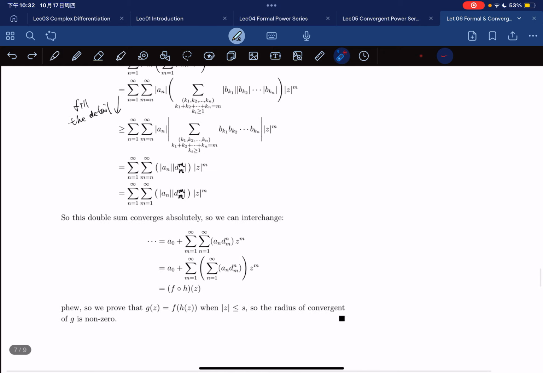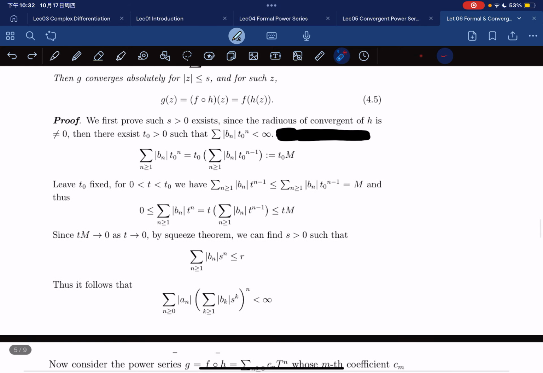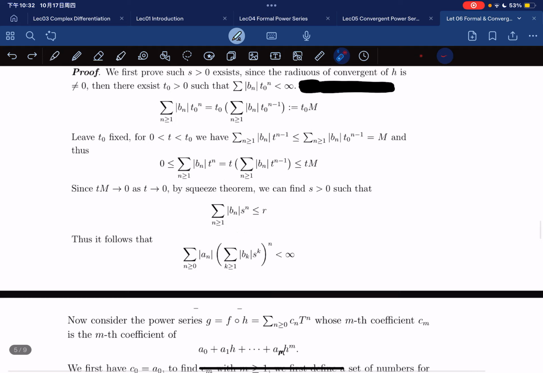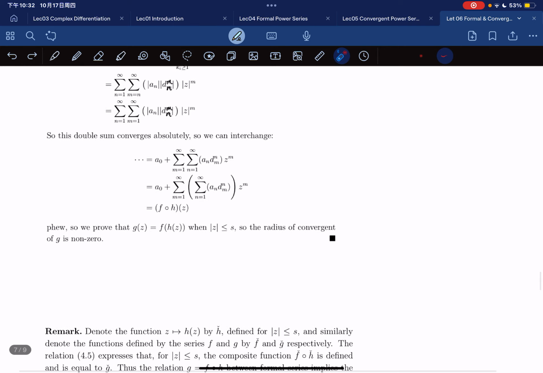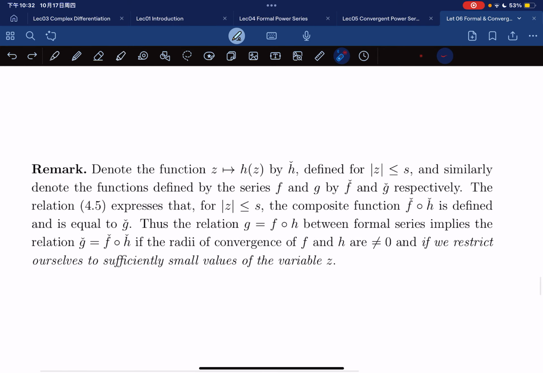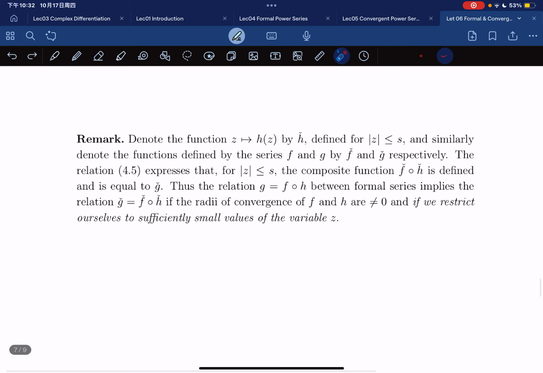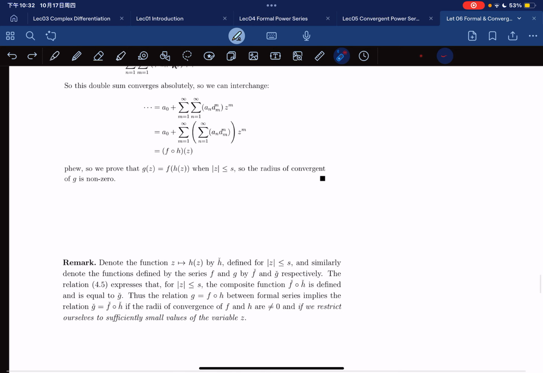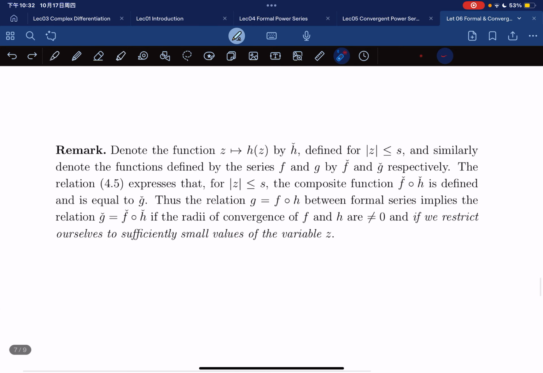Then the relation, which is what we have here, gives g check is equal to f check of h check. So this is what the theorem actually means, okay? If we restrict ourselves to sufficiently small values of the variable, right? So this is about the composition.